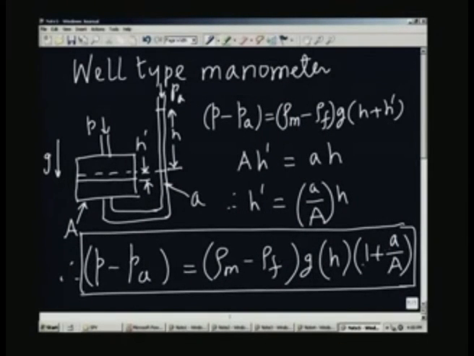This 1 plus A by A is a factor which is going to be taken into account in constructing the scale on the right hand side. That means, if I have the datum fixed properly, that means when the pressure P and P are the same, the datum is taken as the level of the liquid on the two sides, the well and the tube, and there will be a mark on the vertical tube to indicate the datum.